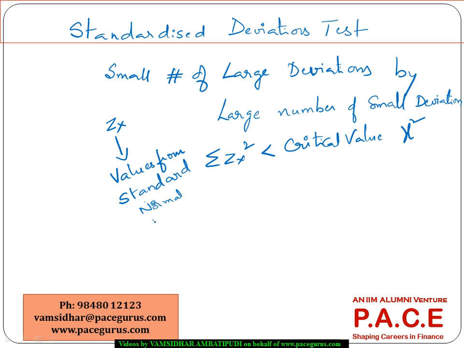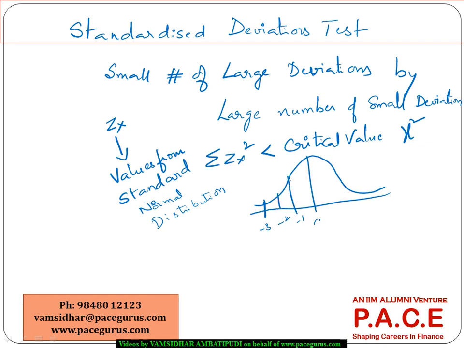So what I can very well do with them is, see the typical normal distribution values: -3, -2 standard deviations, -1 standard deviation, 0, 1 standard deviation, 2, 3, and so on.